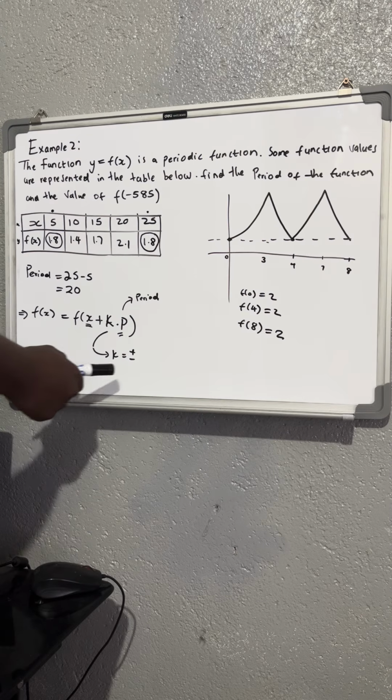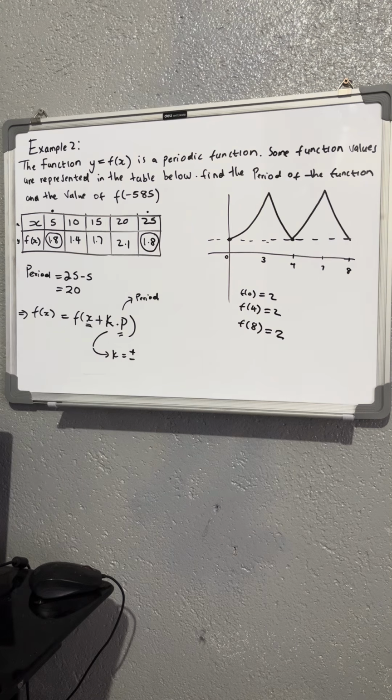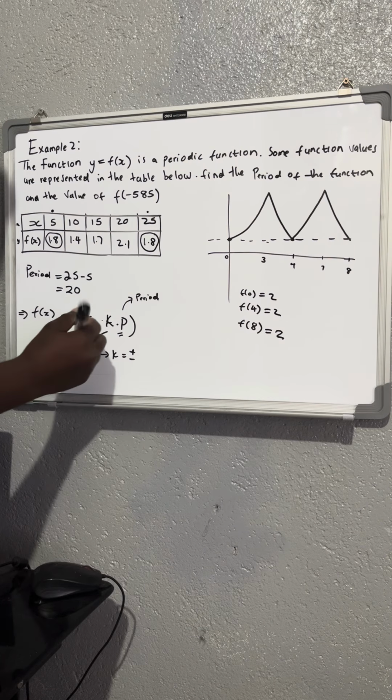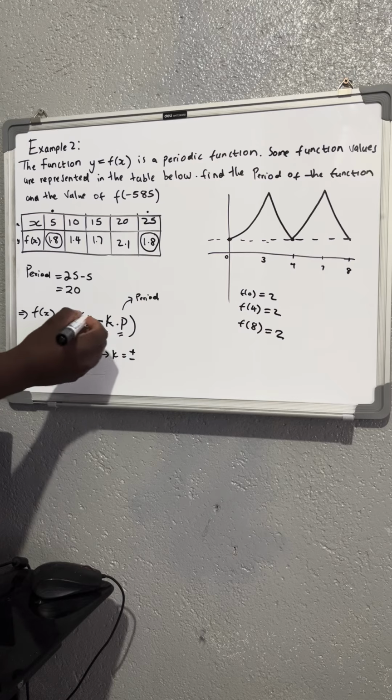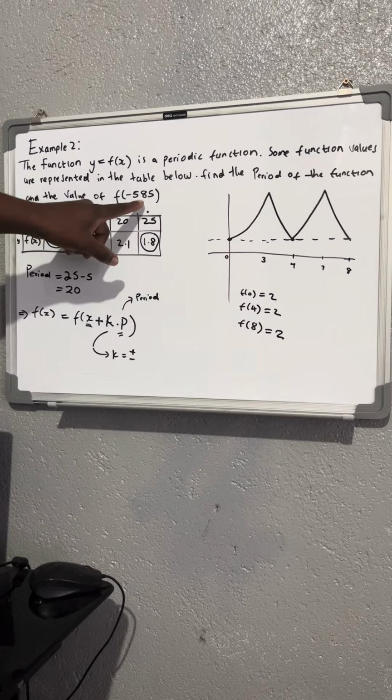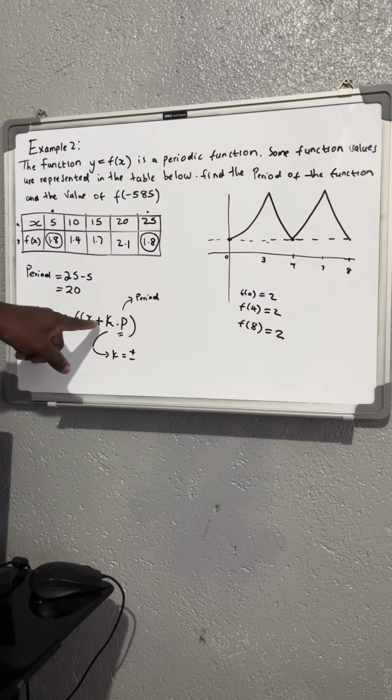Then also coming back to this one, our k values, how do we know when to use a negative or when to use a positive? Because we can have a formula like this, but here you can either have a negative or a positive. So if you are having a negative number here you are going to add a positive.